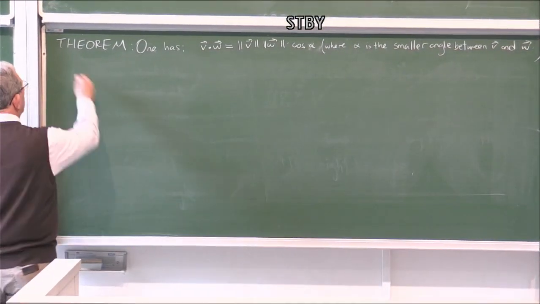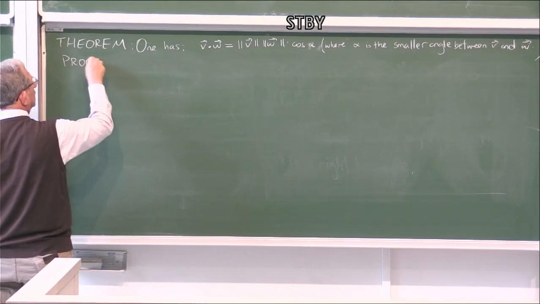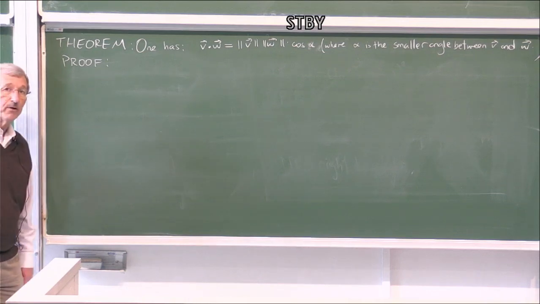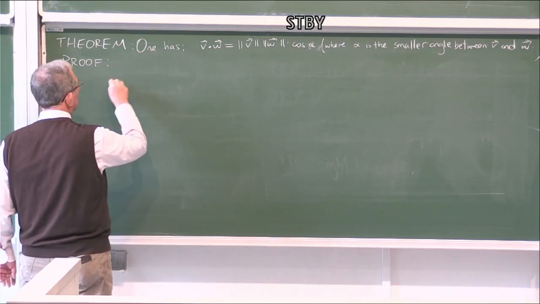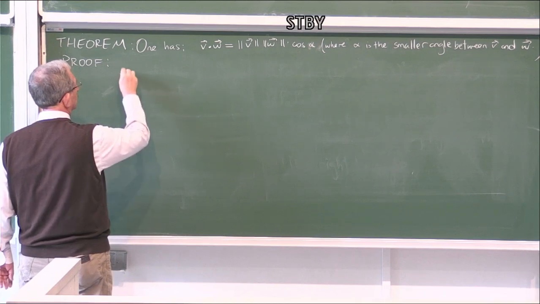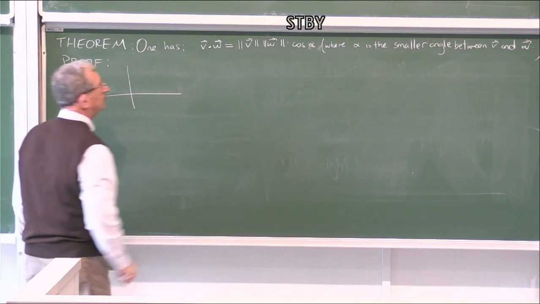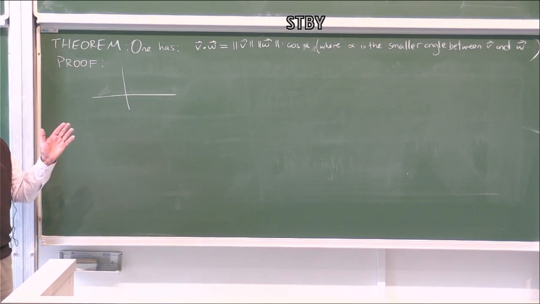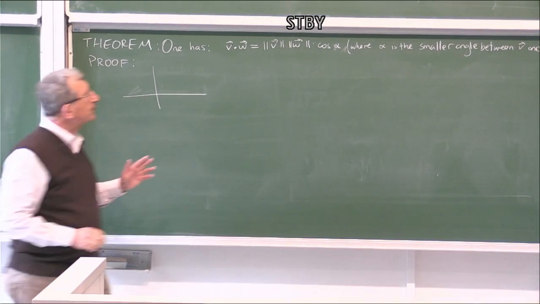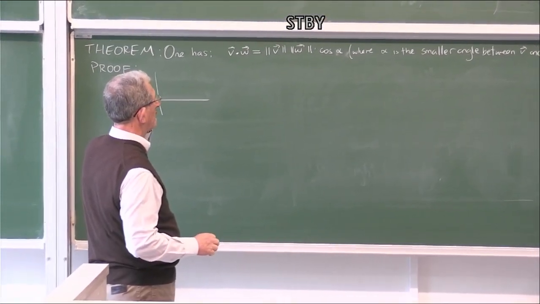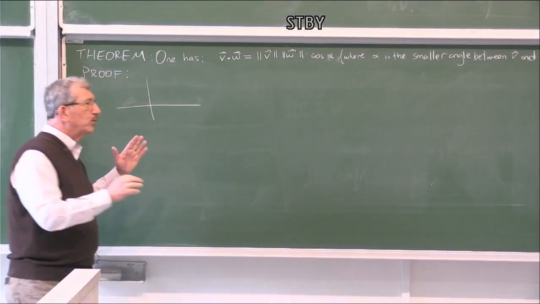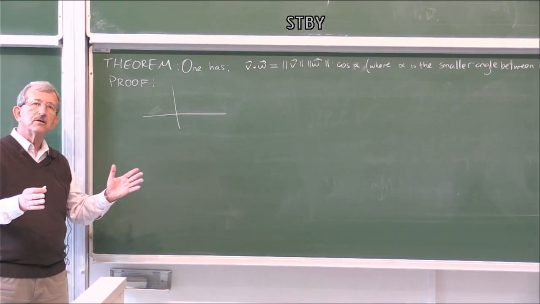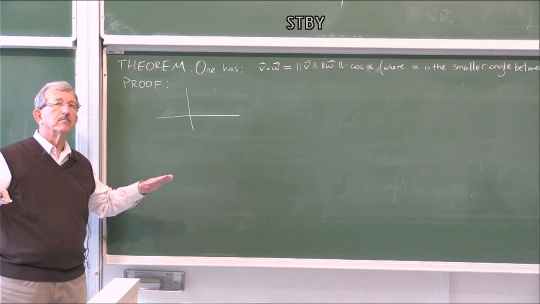Now, the proof rests on the so-called cosine theorem. Consider the picture as follows. I will draw it in the plane, because when you start two vectors from the origin, they lie in some plane.